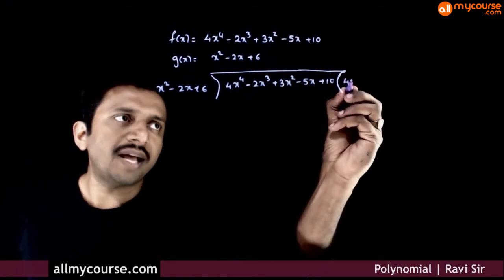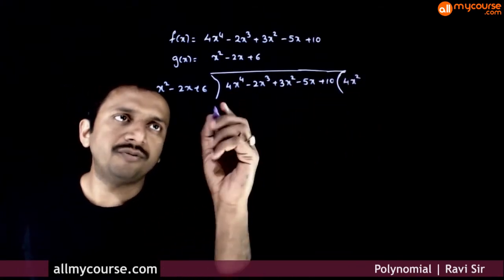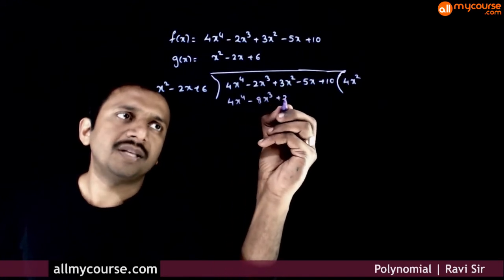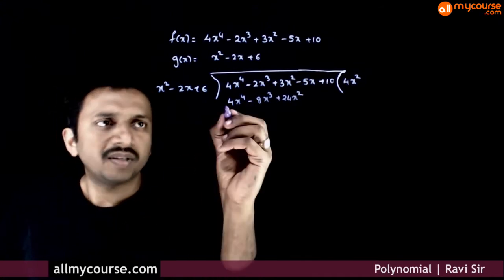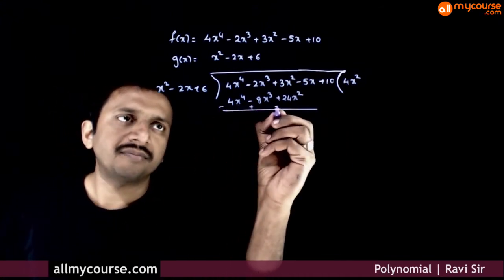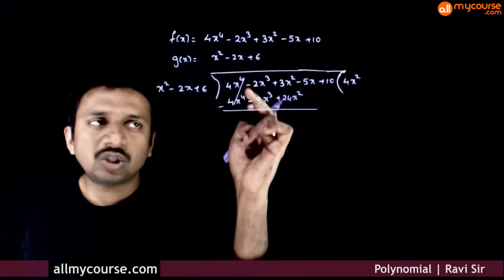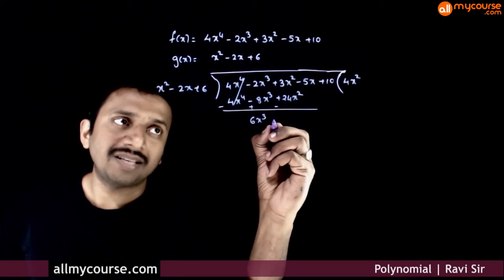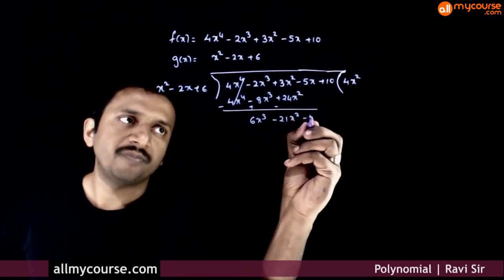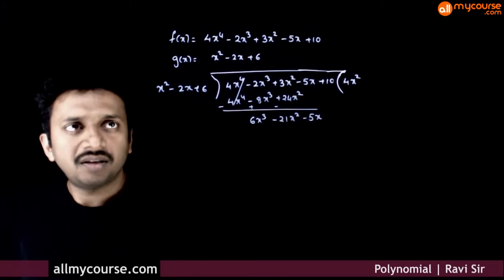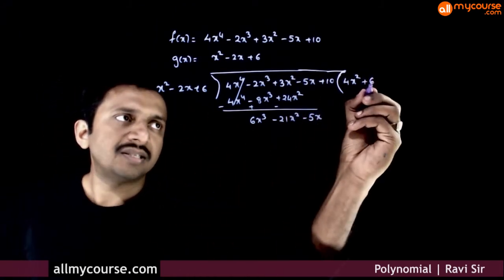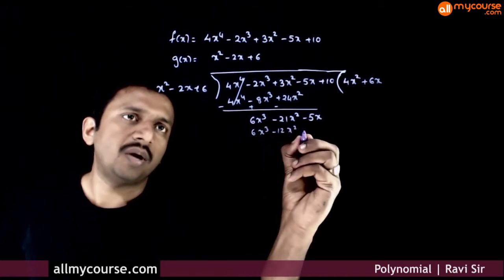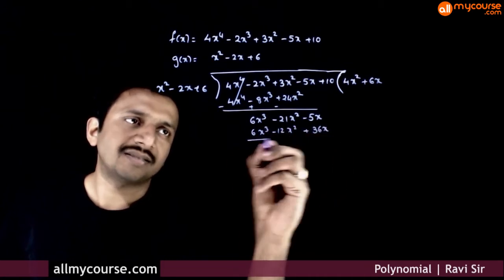So first, x square into 4x square is 4x power 4 minus 8x cube plus 24x square. If you subtract one from the other, this gets cancelled. Minus 2x cube plus 8x cube is 6x cube, minus 24x square plus 3x square is minus 21x square, minus 5x. And x square times 6x is 6x cube minus 12x square plus 36x.